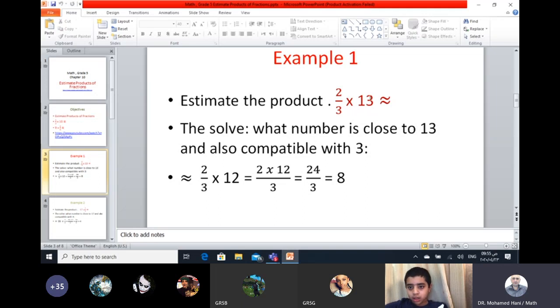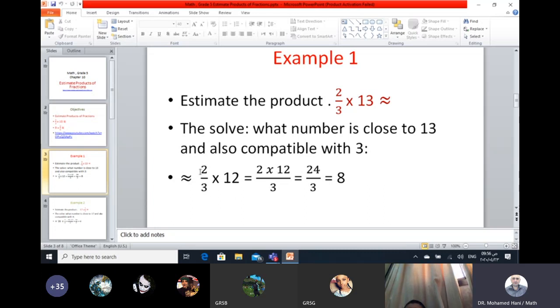I can change 13 to 12 because 12 can be divided by 3. So right here, the same fraction, 2 over 3, multiplied by, we can round 13 to 12 because 12 can be divided by 3. 12 and 3 are compatible.